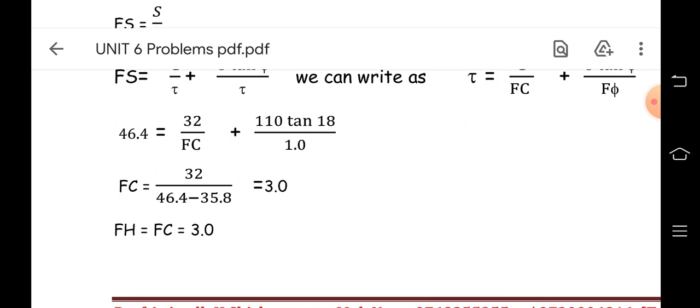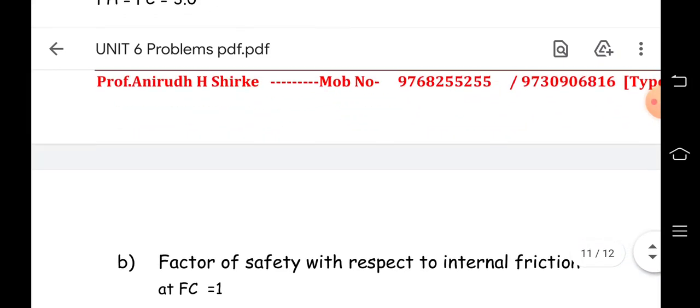The answer will be 10.6, so we got the value of Fc as 3. So Fc is nothing but Fh, that is factor of safety with respect to height, that is equal to 3.